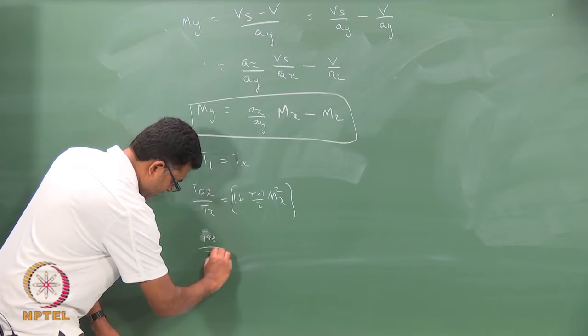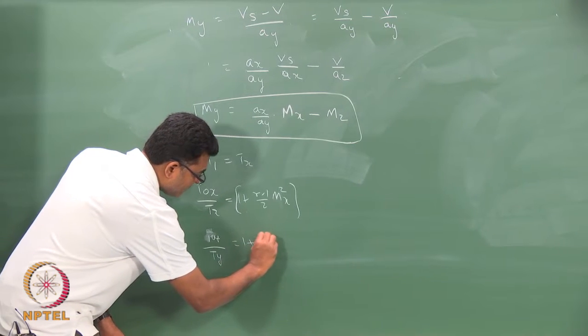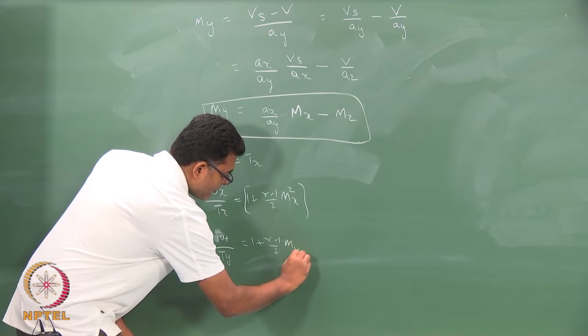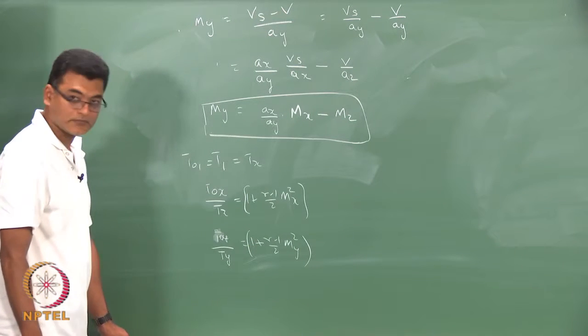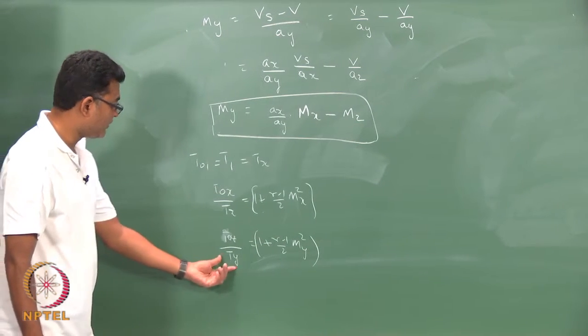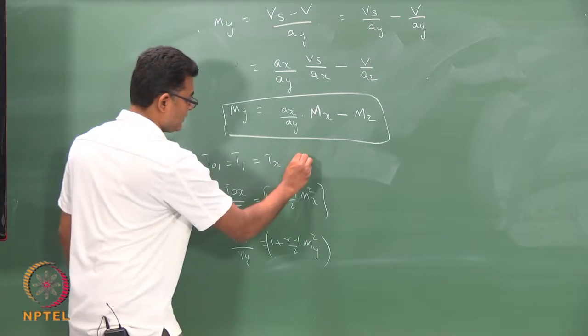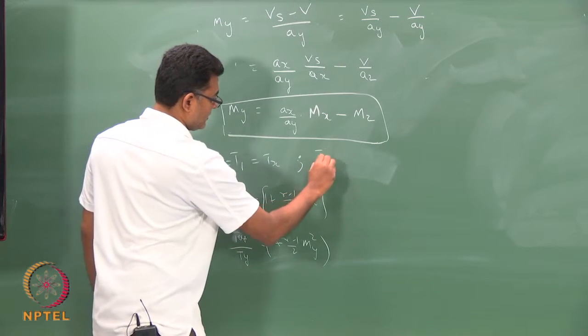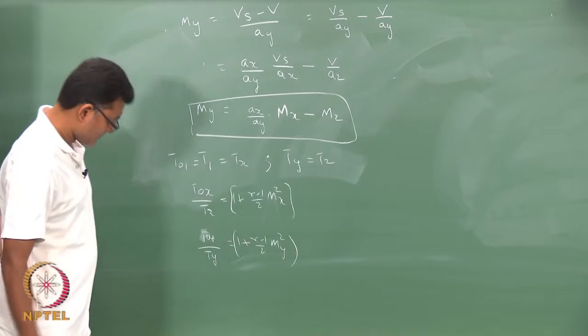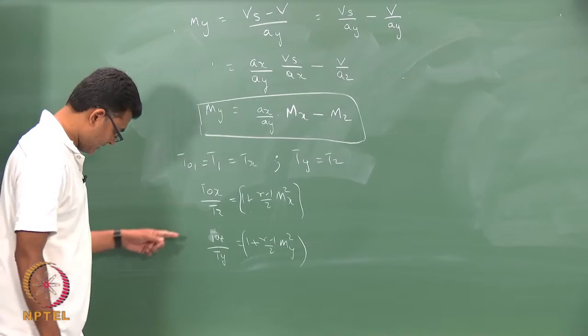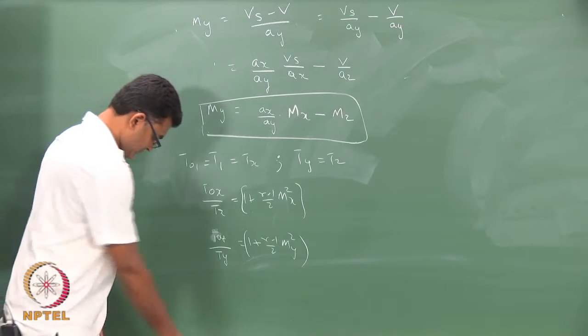T0y by Ty is 1 plus gamma minus 1 by 2 My square. But Ty is also T2. So, I can replace this with T2.